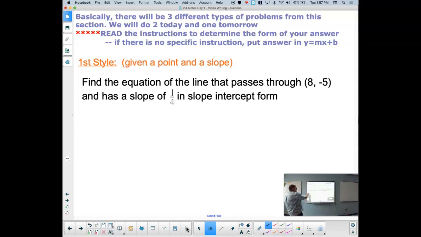So, this one. Find the equation of a line that passes through the point 8, -5 and has a slope of 1/4 in slope-intercept form. So I have a point and I have a slope, so I'm first going to start with the point-slope form.